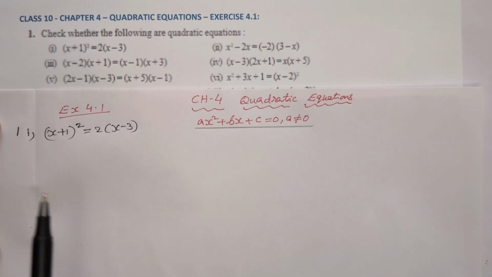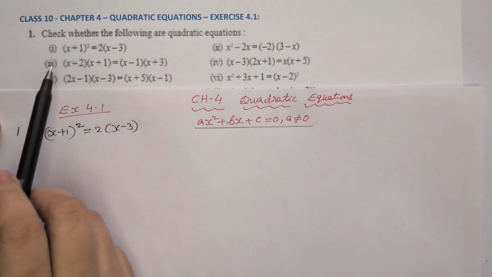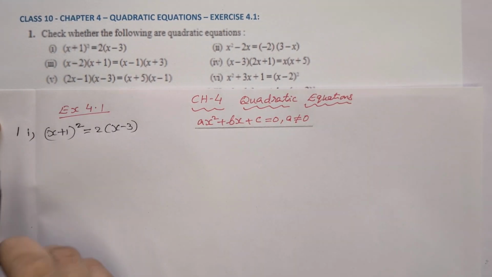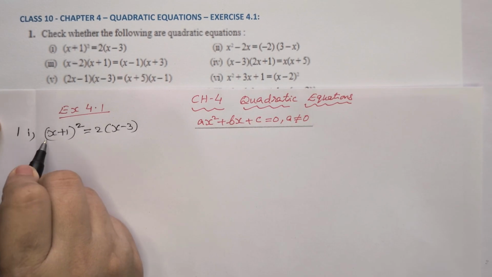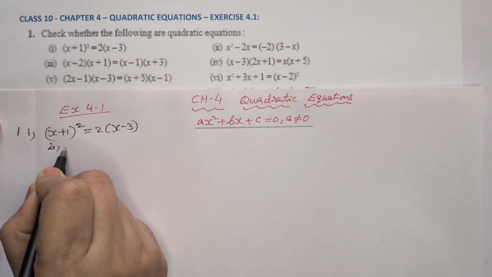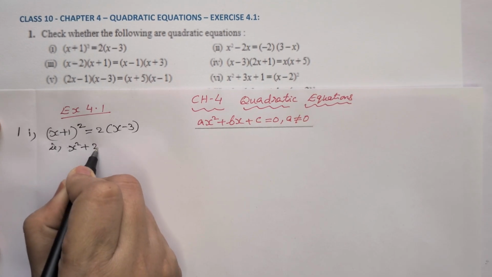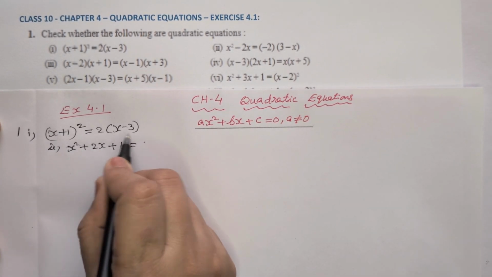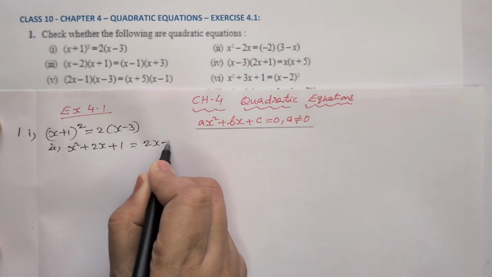Now the first question. Check whether the following are quadratic equations. First one, (x plus 1) the whole square is equal to 2 into (x minus 3). We can open the bracket using (a plus b) the whole square. That is x square plus 2x plus 1 is equal to the right side, 2x minus 6.